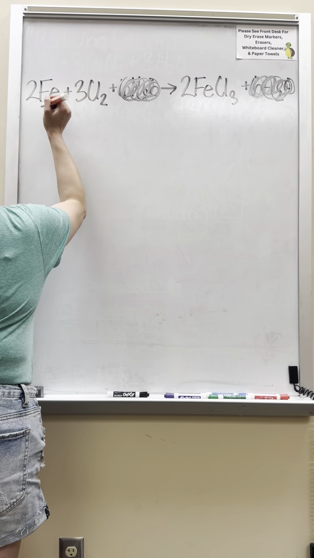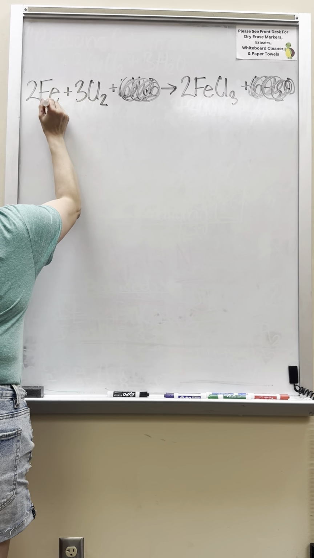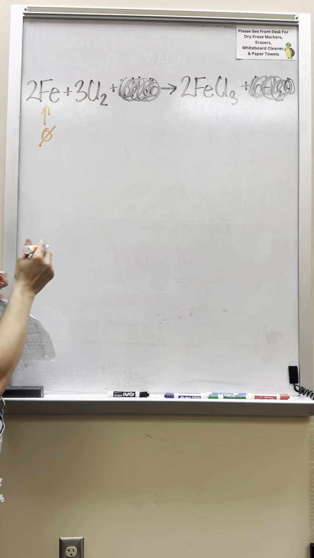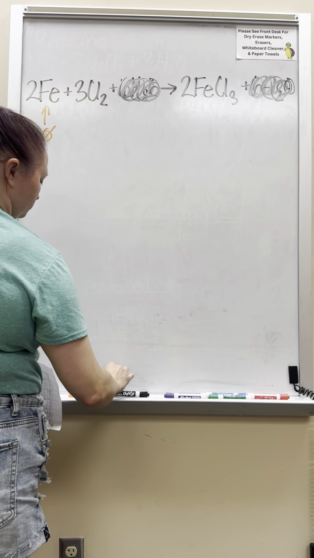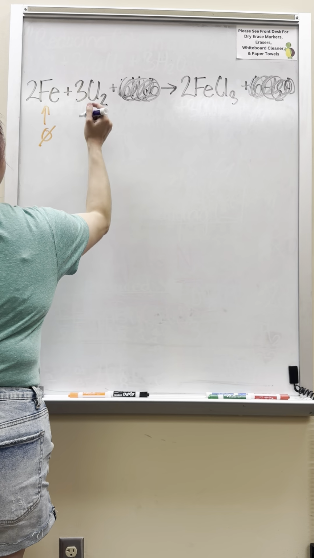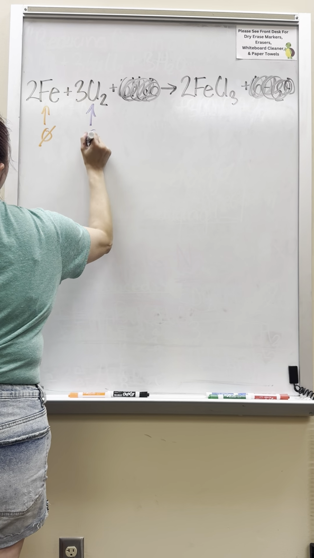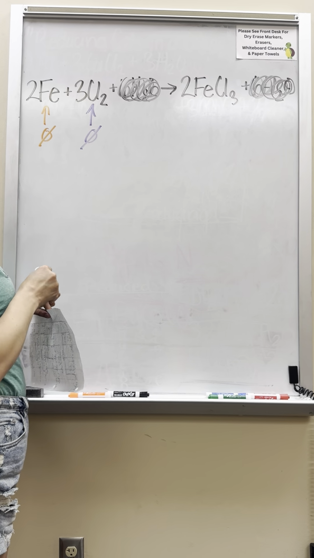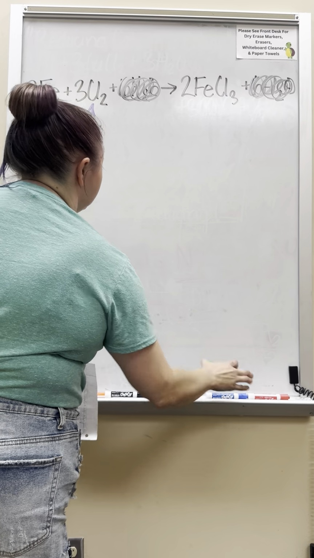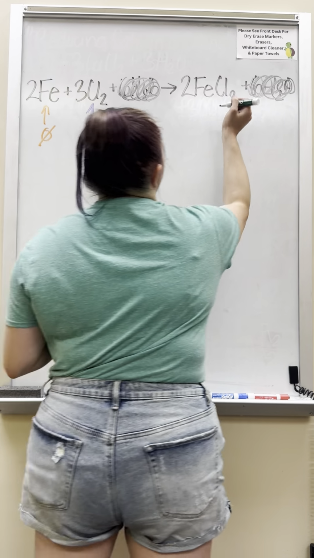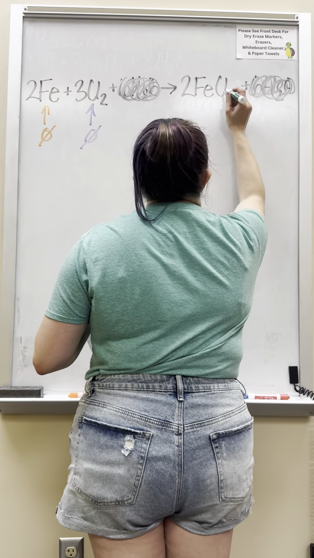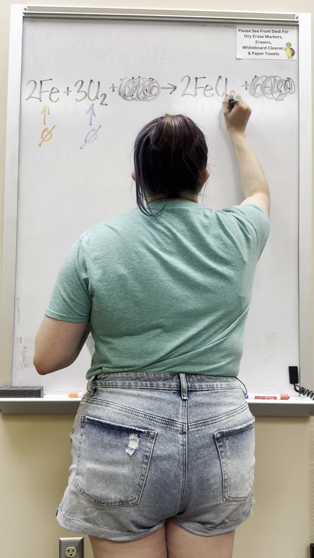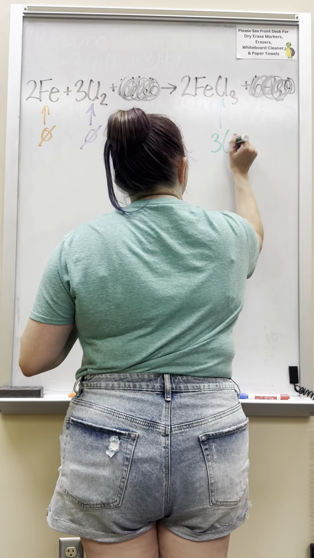Okay, both of these, we know, start out at 0. Boom. This one's gonna be speedy. We know that Cl, chlorine, is often -1.